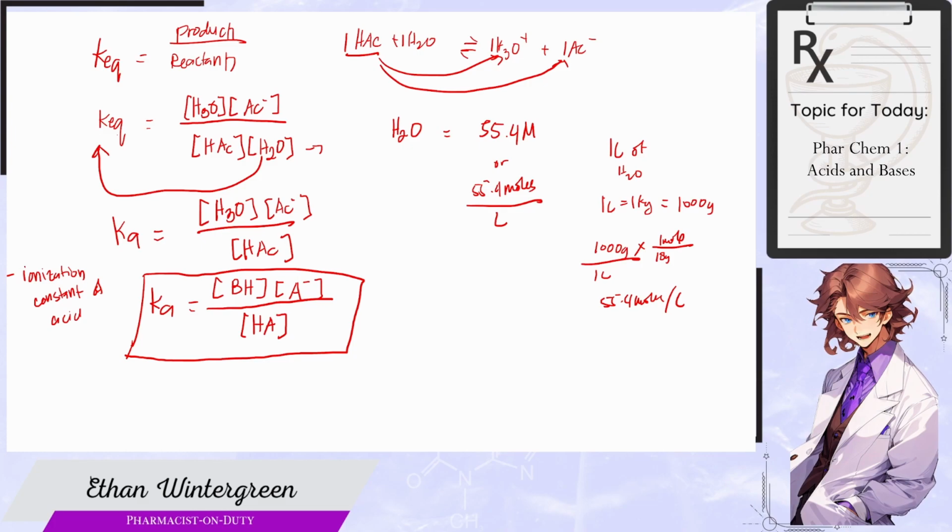The strength of an acid is described by how many hydrogen ions can be produced when it dissociates in water. If you have a strong acid, it dissociates into more hydrogen ions. If you have a weak acid, it dissociates into fewer hydrogen ions when exposed to water. Okay, so that is our Ka.